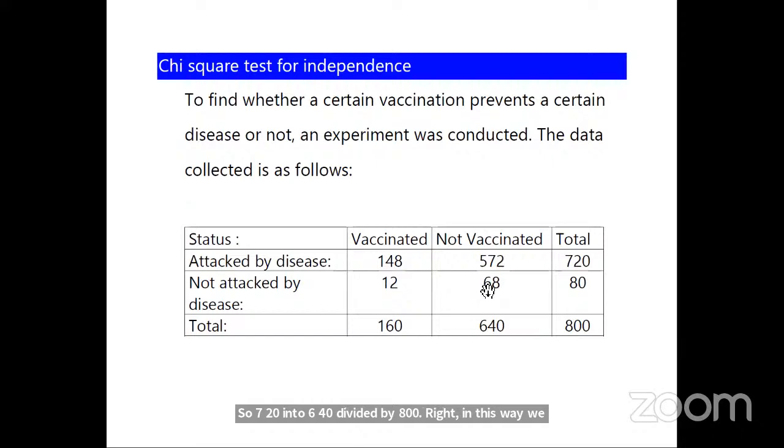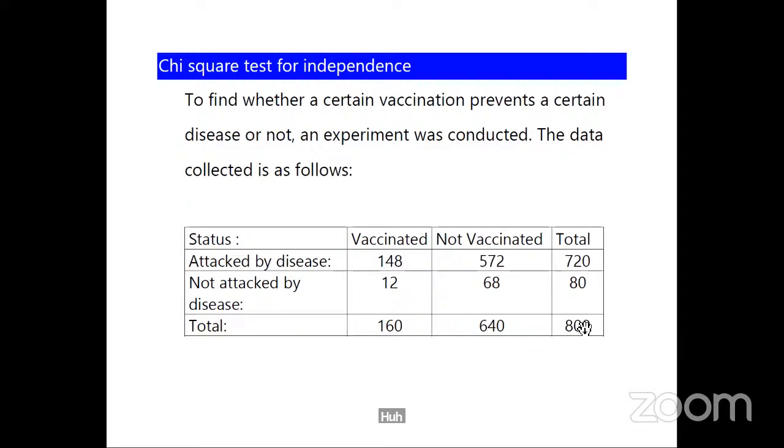Now, can anybody tell me how we can find the expected frequency corresponding to not vaccinated and not attacked by the disease? That is corresponding to this cell. Yes. It will be 80 multiplied by 640 divided by 800.